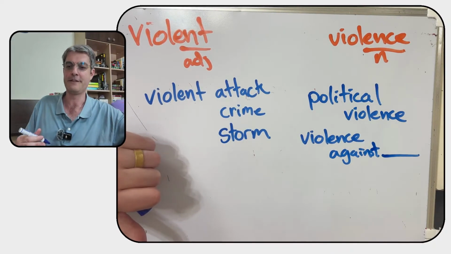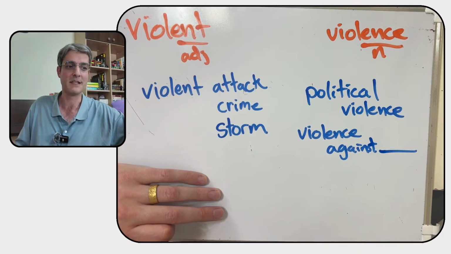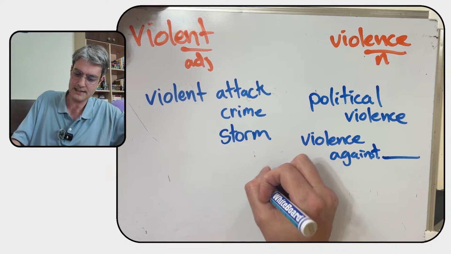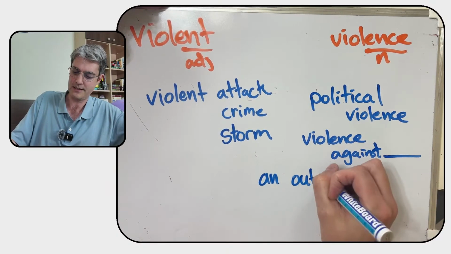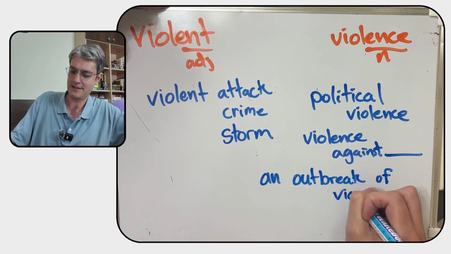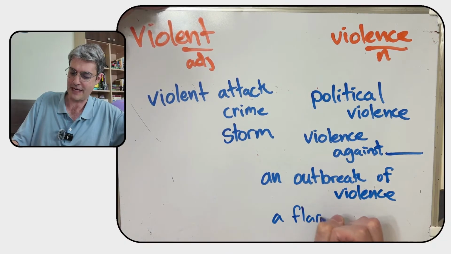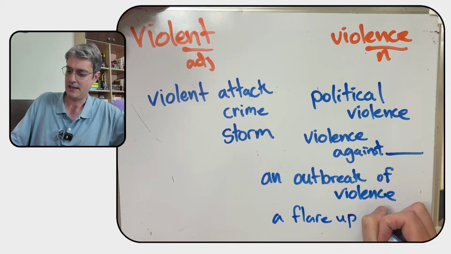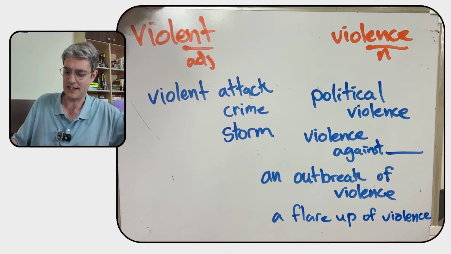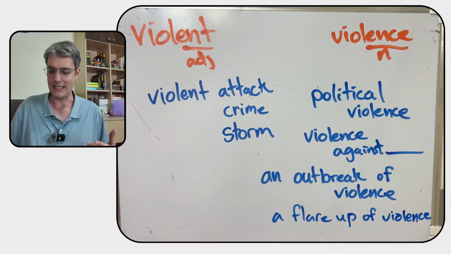And if there's a sudden surge of violence, maybe because of a political conflict or unrest or riots, we could say there is an outbreak of violence, or a flare-up of violence. Those are pretty common.